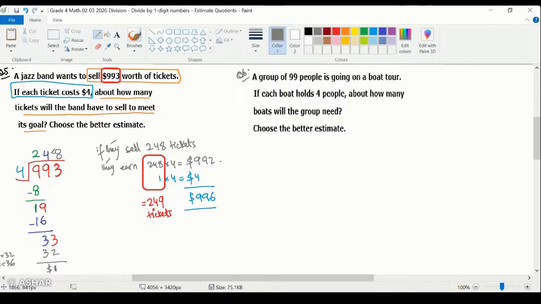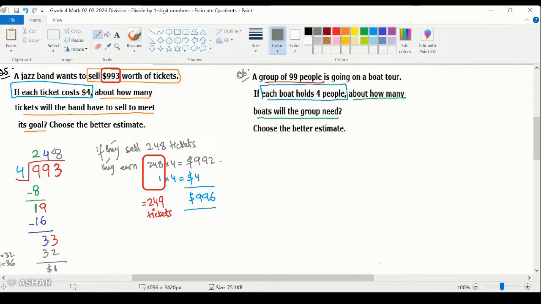See, what we need to do is there's a group of 99. Each boat can hold 4 people, right? How many boats will the group need? Everyone has to go. Inspiration. How many boats would they need?